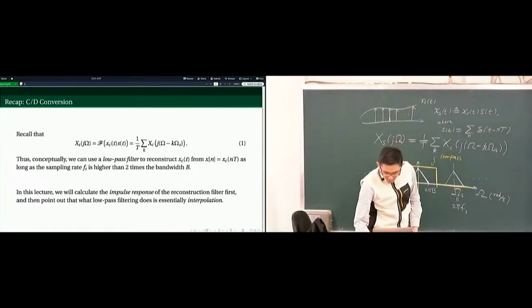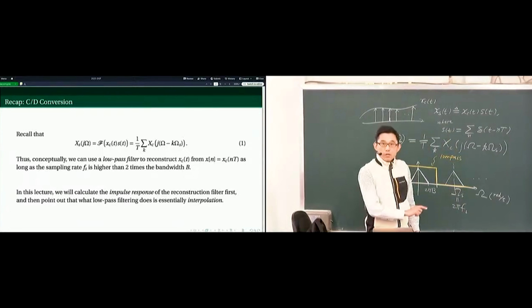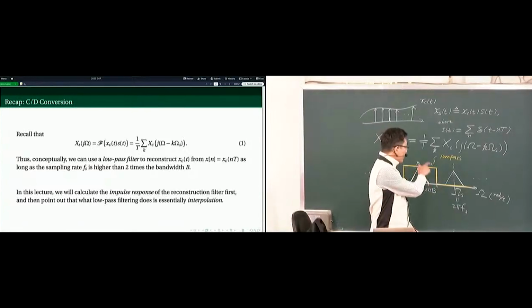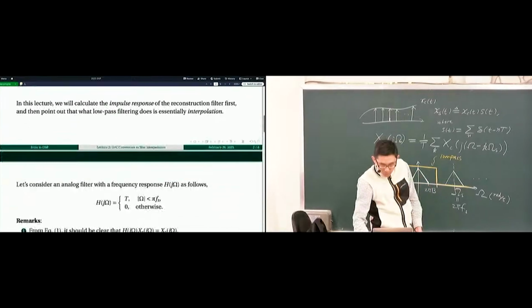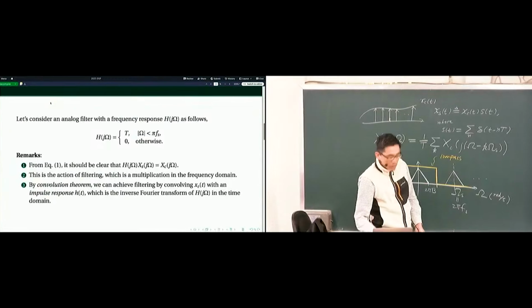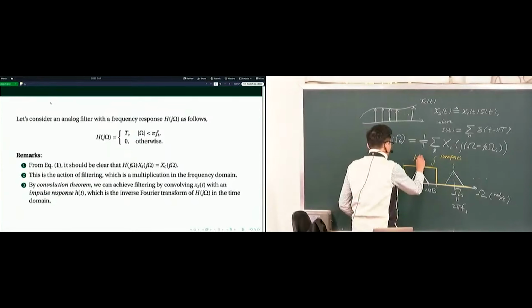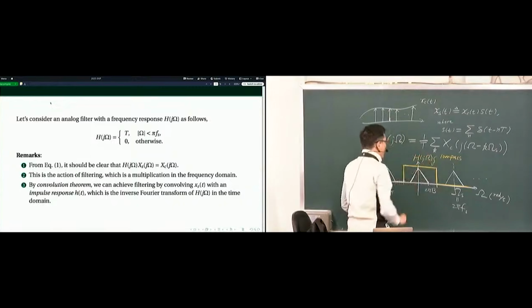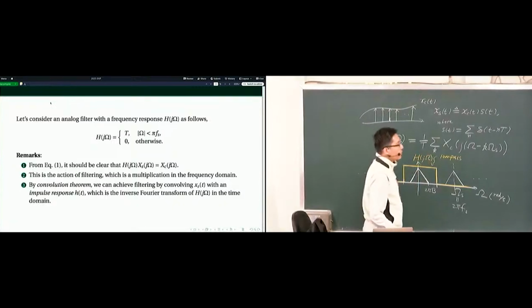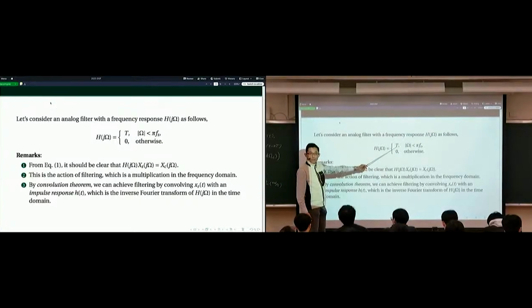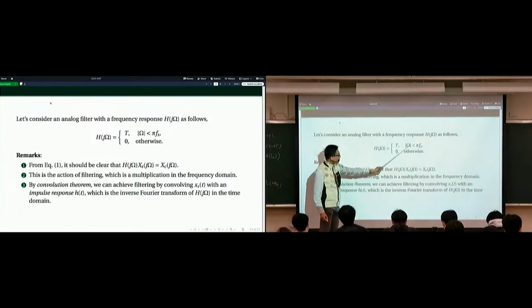So why is that the case? First, we need to write down the frequency response for the low-pass filter. In this low-pass filter, which I'm going to denote as H, the response should be constant in the passband and 0 outside, constant when the frequency is below pi times the sampling frequency.